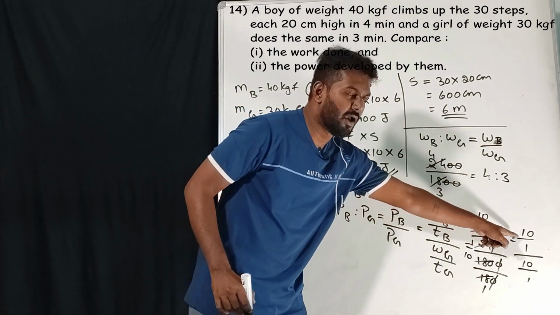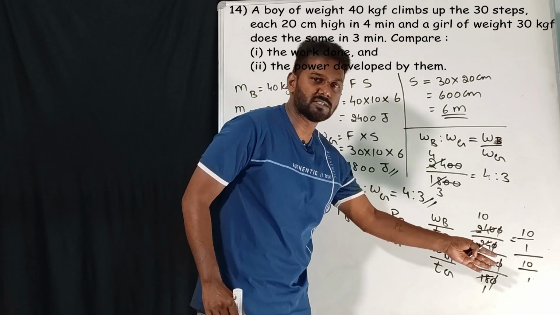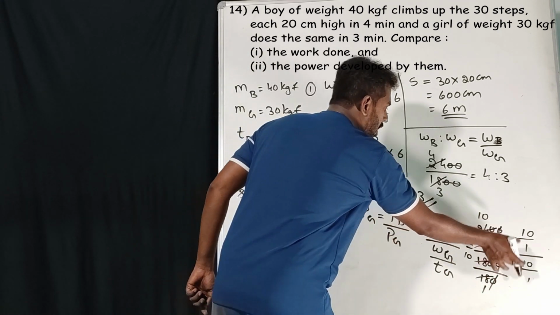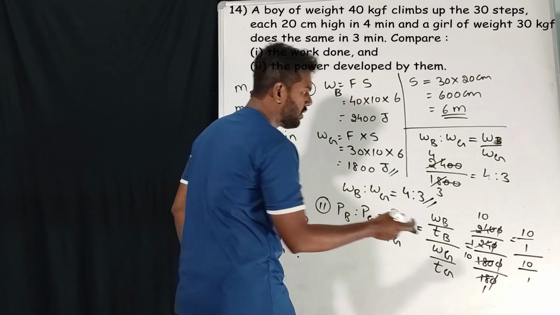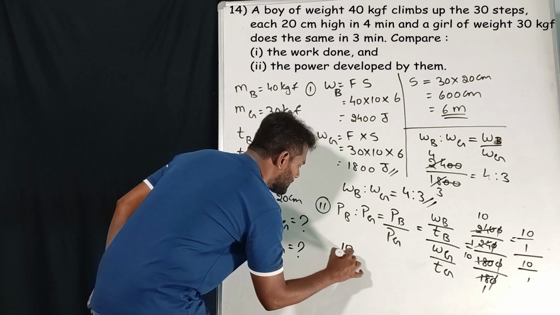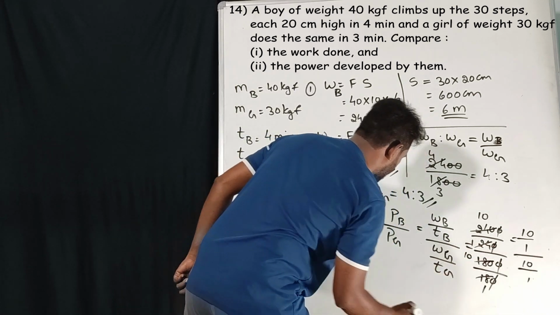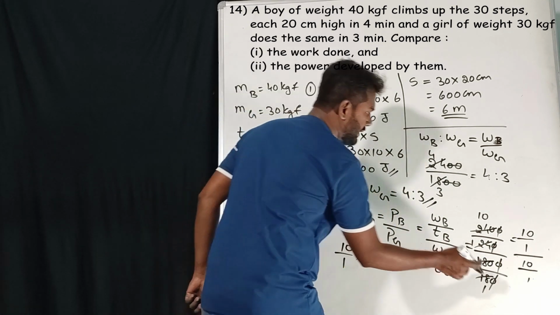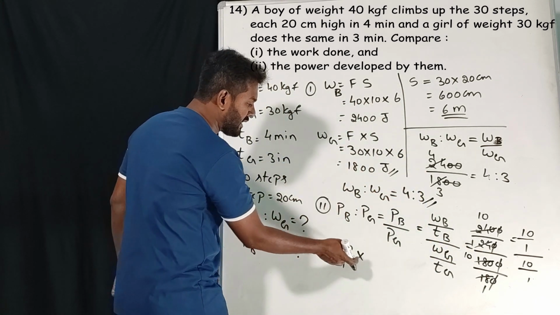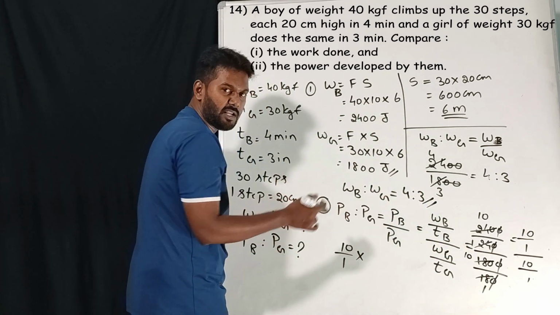So when you have this kind of answer, don't get confused, write it in a simpler way. See, how can we get it in the form of ratio? First write the first fraction as it is. Instead of division, we will write multiplication. Then here we have 10 by 1. When you take multiplication instead of division, you have to take the reciprocal.